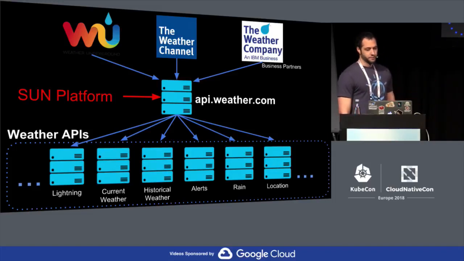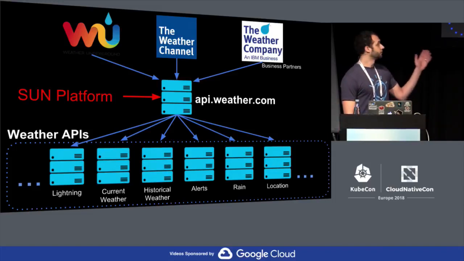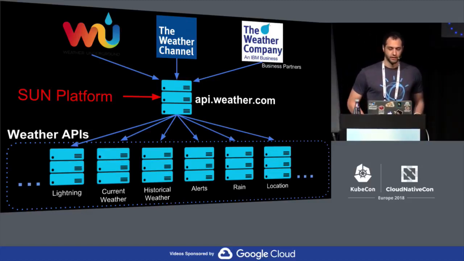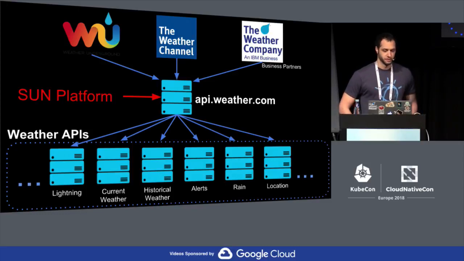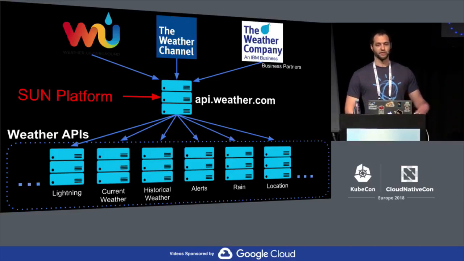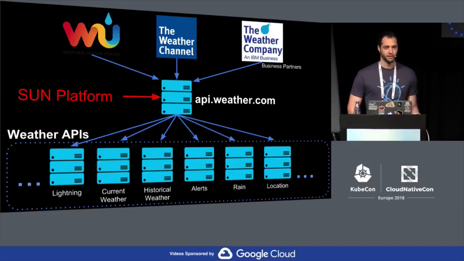So the Sun platform really sits between those platforms that I showed and the weather APIs that serve the weather data. And we serve a number of functions for both clients like you hitting the weather, as well as the developers who are making these APIs and distributing their weather data.